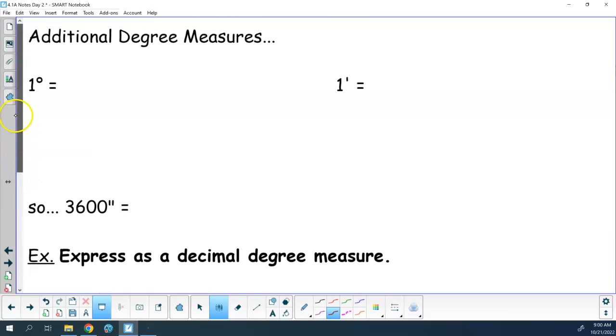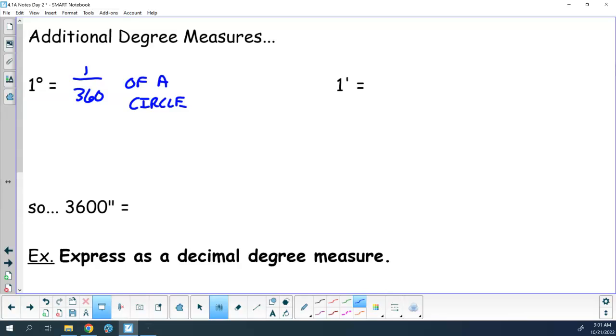Okay? So 1 degree is 1/360th of a circle. Would you all agree with that? 360 degrees all the way around the circle.